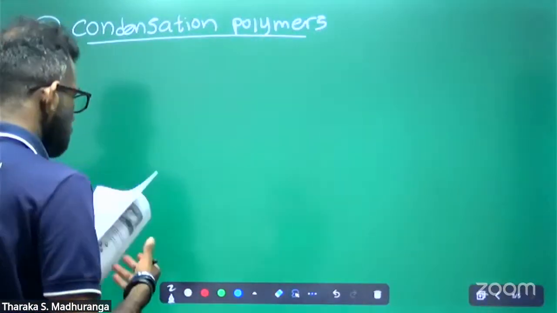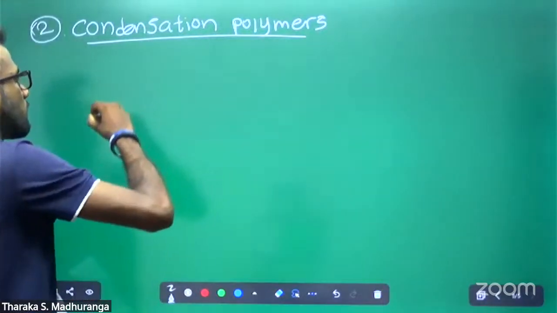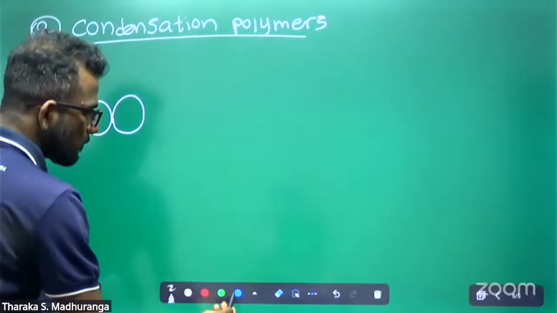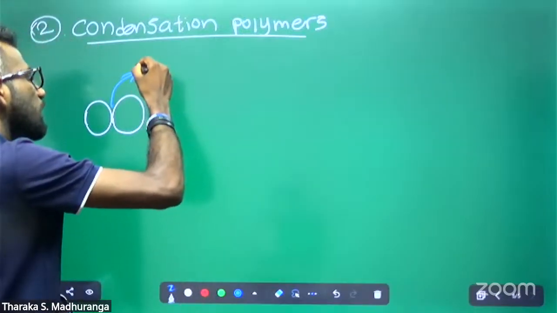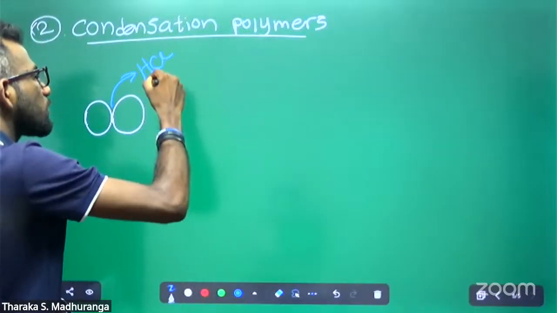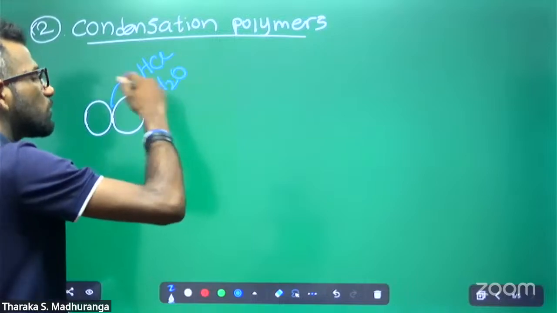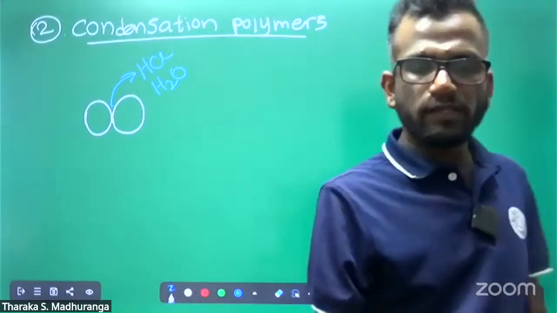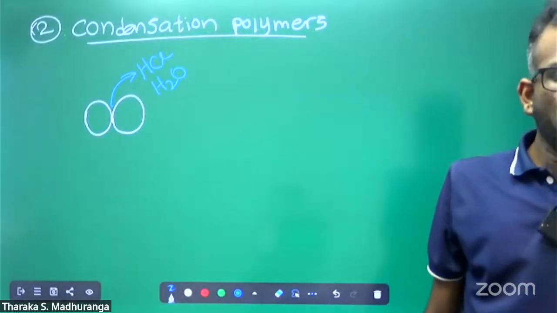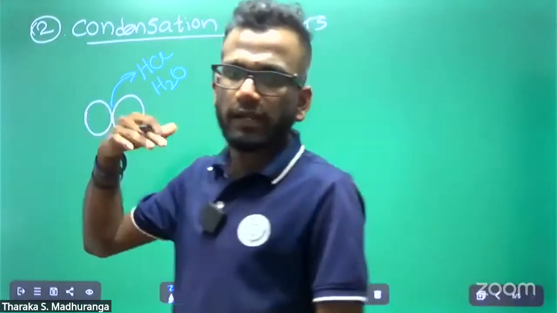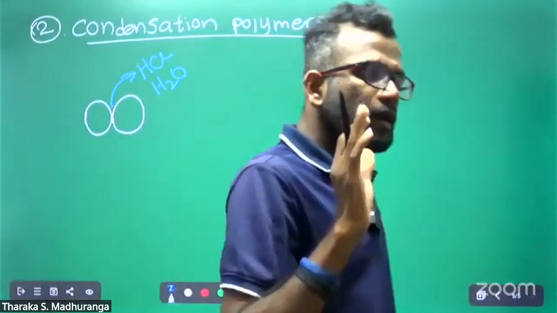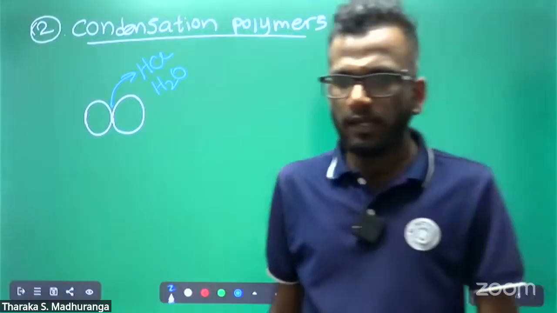When we combine by bonds, an HCl or H2O molecule is eliminated. Hydrochloric acid or HCl, H2O molecule is eliminated. Okay, that's the meaning of condensation polymer.